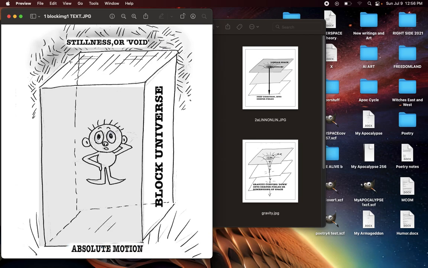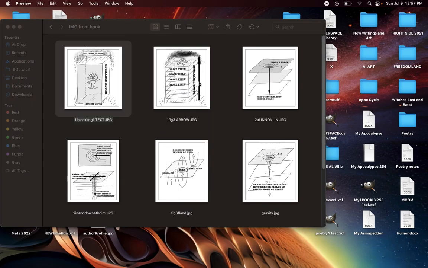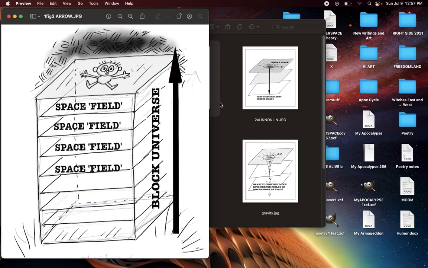But what I'm basically saying is that there is a level of essential energy under all these layers of space, and that it progresses toward basically stillness or entropy. Although I use various terms, you could just say progressing from energy toward entropy. So that would be the block universe, and it would be made of fields.